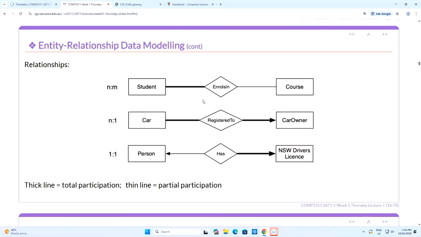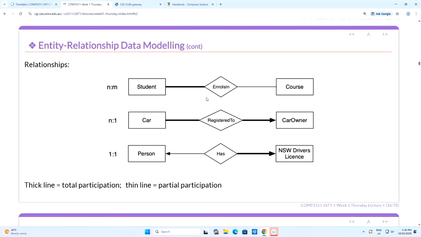So basically, in the first example, it assumes that in order for a student to be a student, he must be enrolled in at least one course. Otherwise, if you don't take any courses, you're not a student, and you need to be kicked out of the university or something.